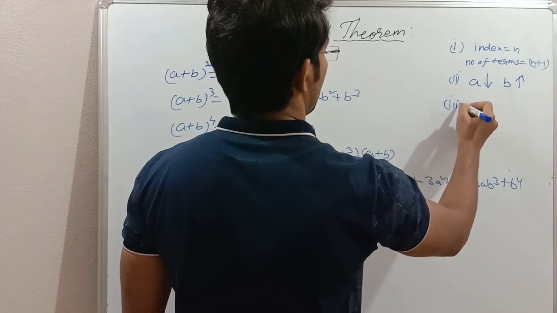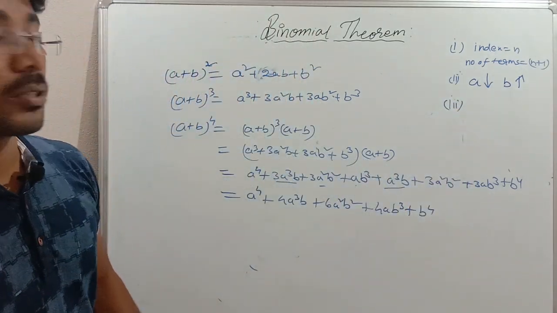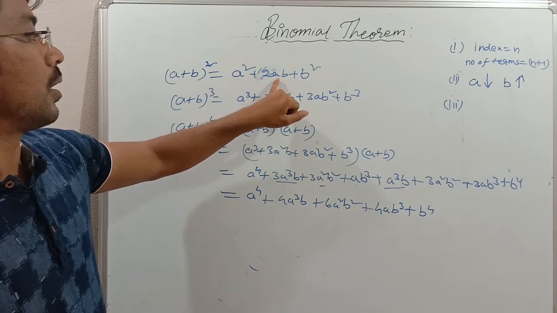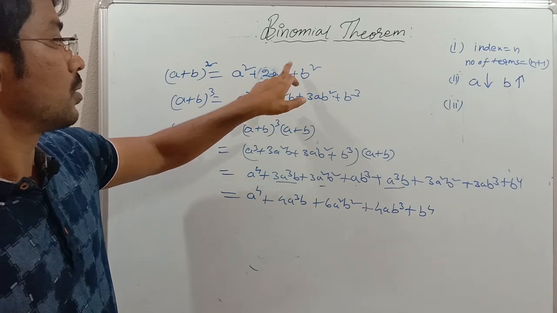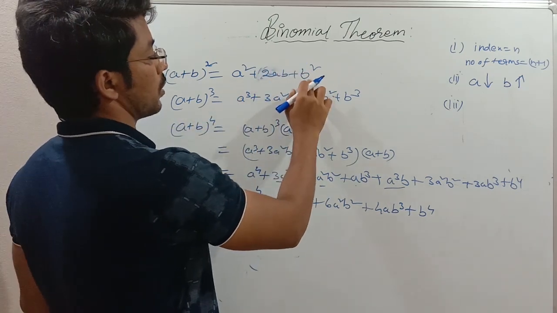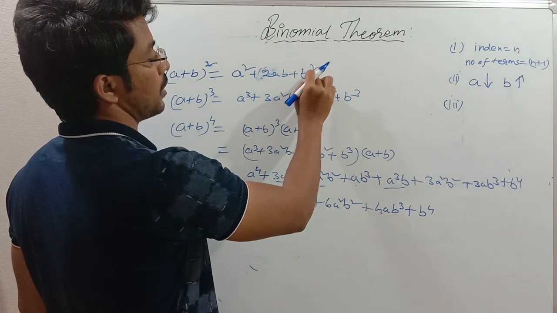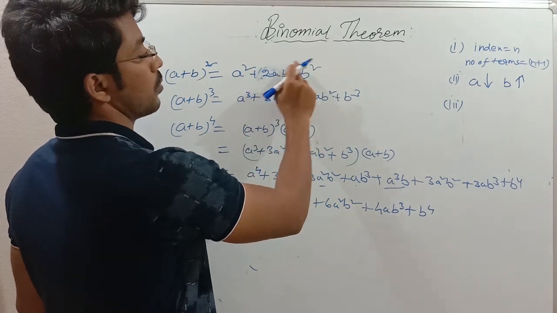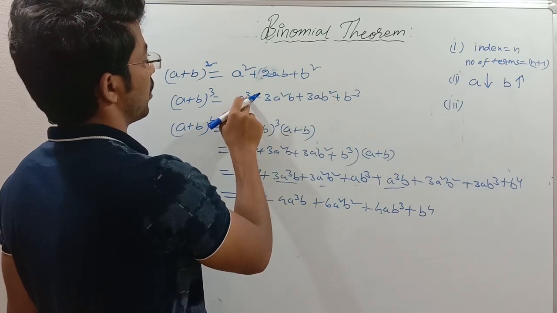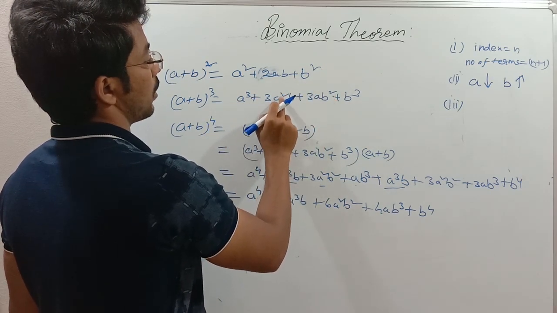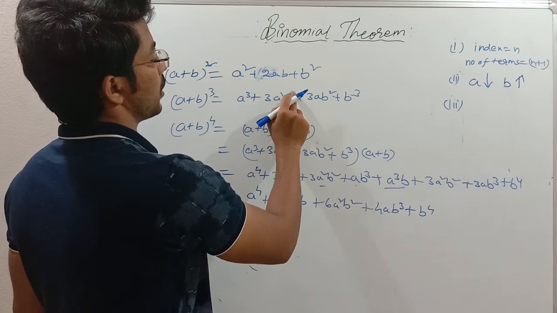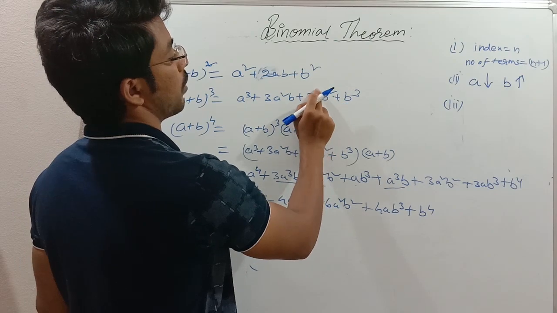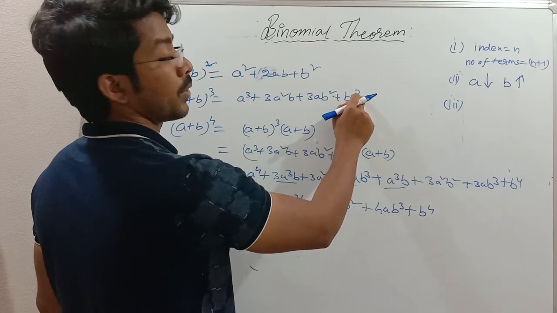And the third observation: if you see the terms, in each term the total power is 2. Here a has power 1 and b has power 1, so 1 plus 1 is 2. Here b square has power 2, so 2, here also 2. Here a has power 3, here a has power 2 and b has power 1, 2 plus 1 is 3, so the total power is 3, here 1 plus 2, the total power is 3, here also the total power is 3.